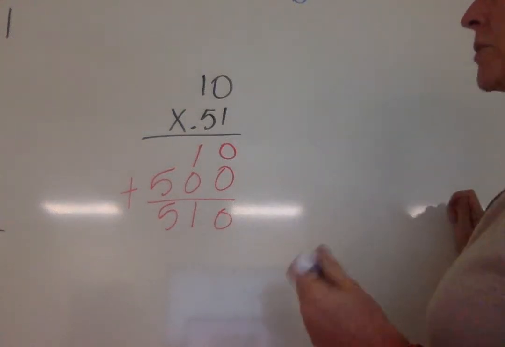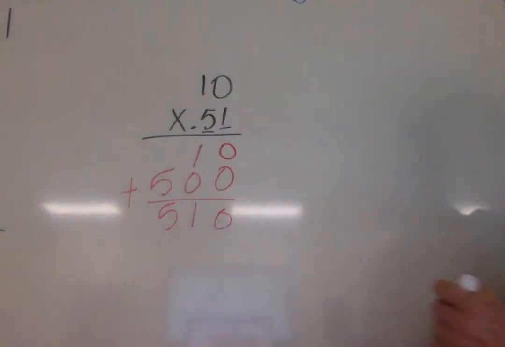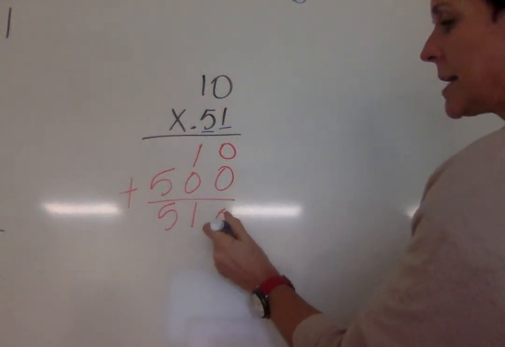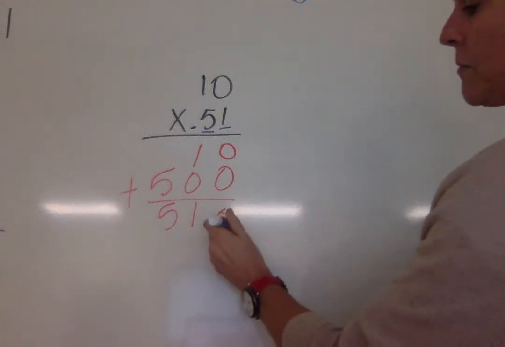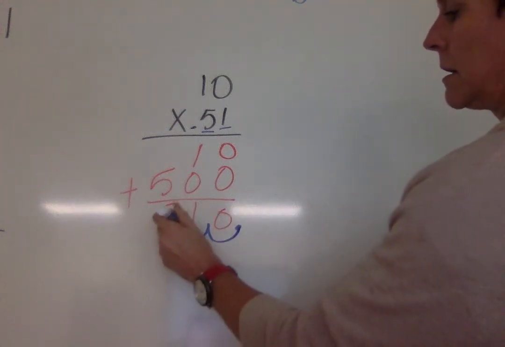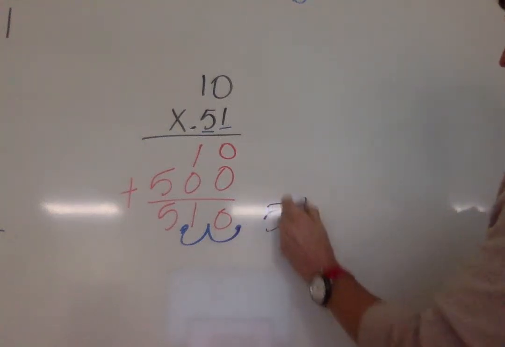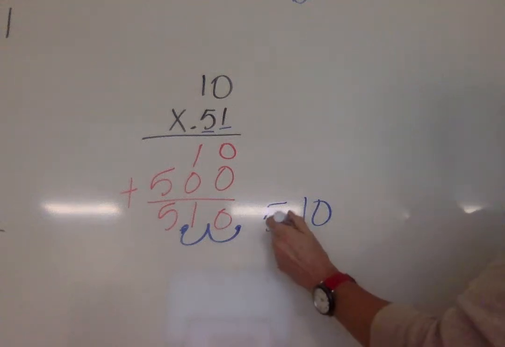See how many times we need to move our decimal. So we have 2 numbers after the decimal. So we have to move our decimal place that's at the end of our product, their whole number, move it 1, 2 places. Our answer is 5.1 or 5.10. It's the same value.